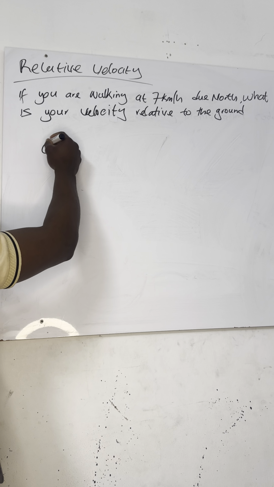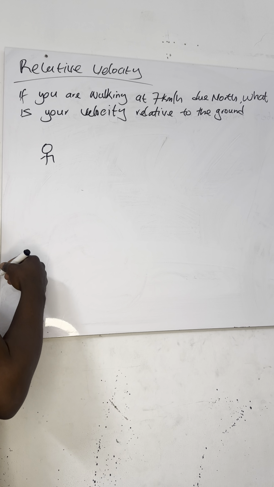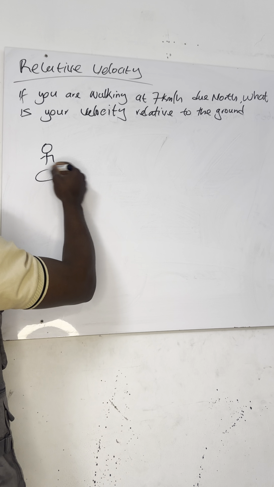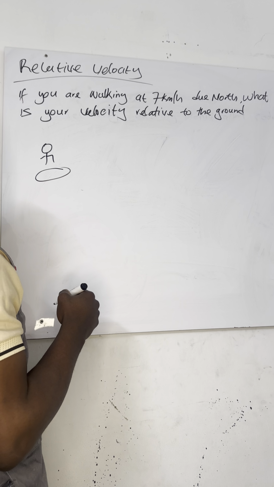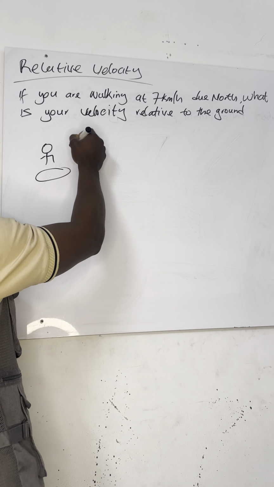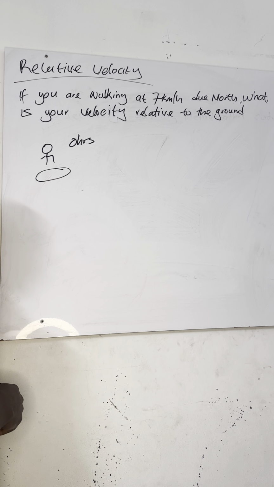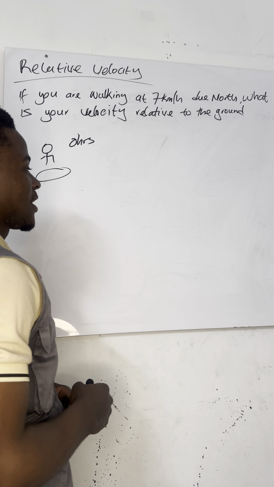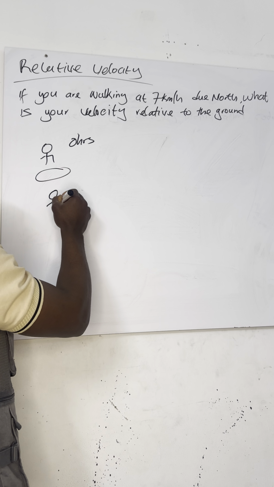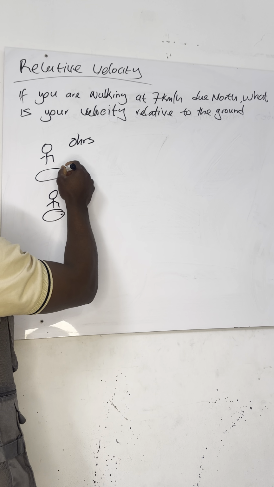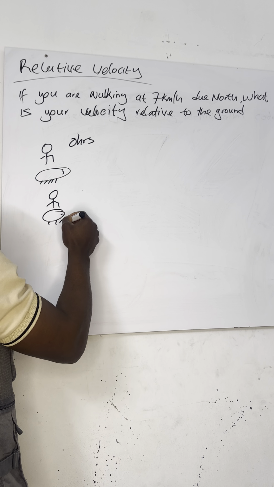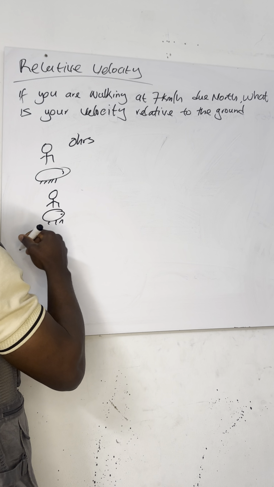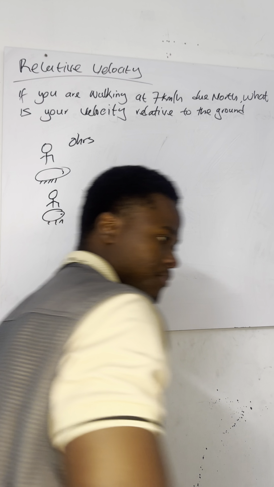Imagine this is you and this is the train at the same point. This is 0 hours. Now imagine the train is moving, let's say, 60 kilometers per hour. So this is you, this is the train.